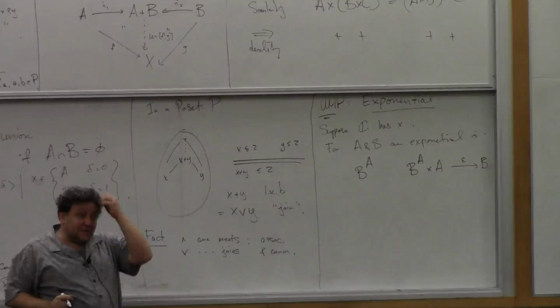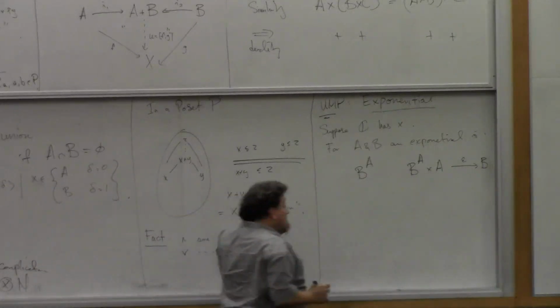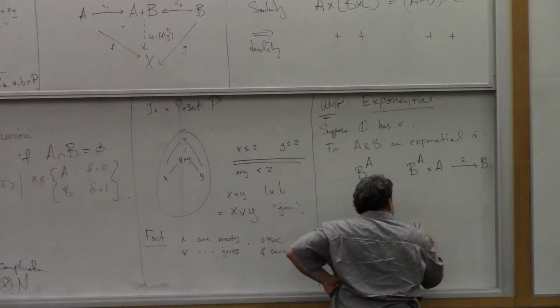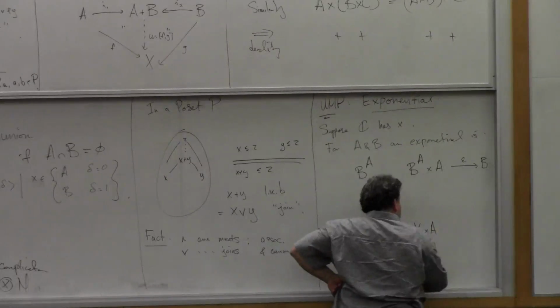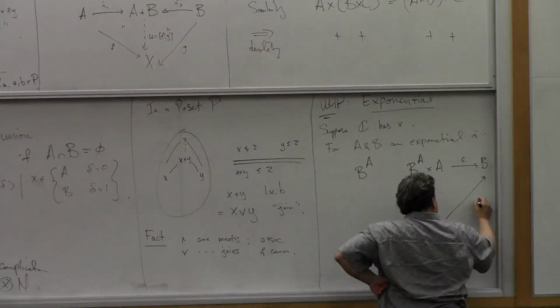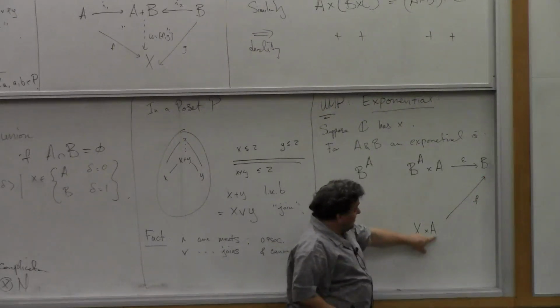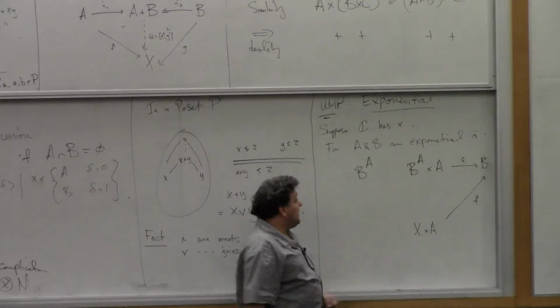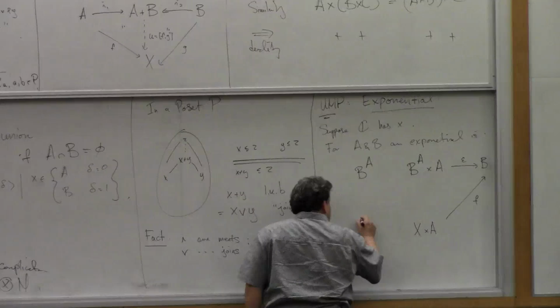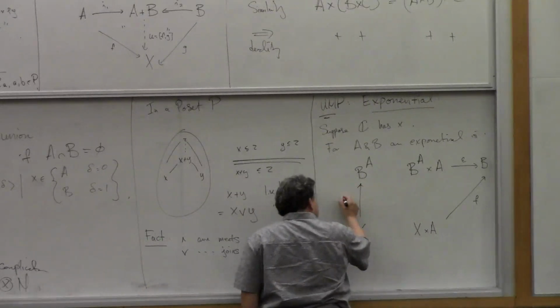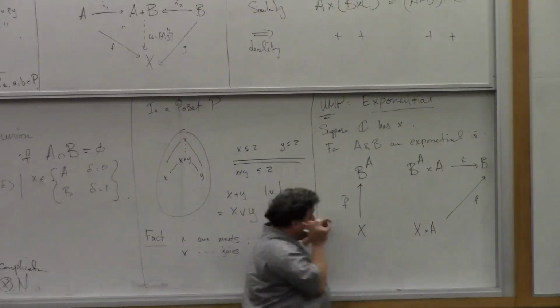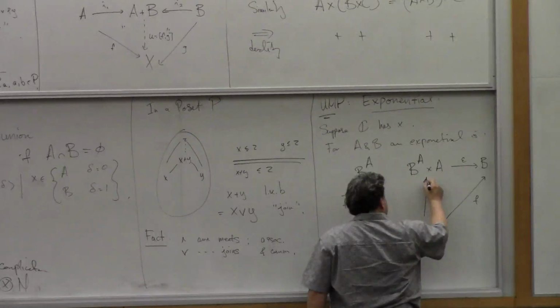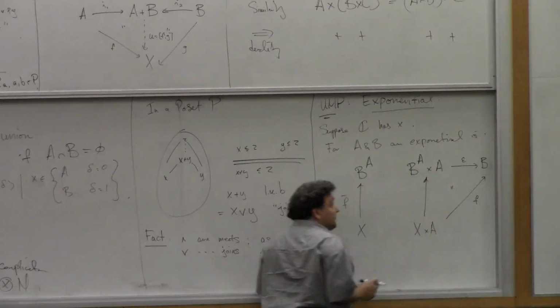And now it has the following universal mapping property. If you give me anything of that same shape, some f here, mapping into B from a product with A, then there's a unique f bar such that when I put that into this diagram right here, the triangle commutes.